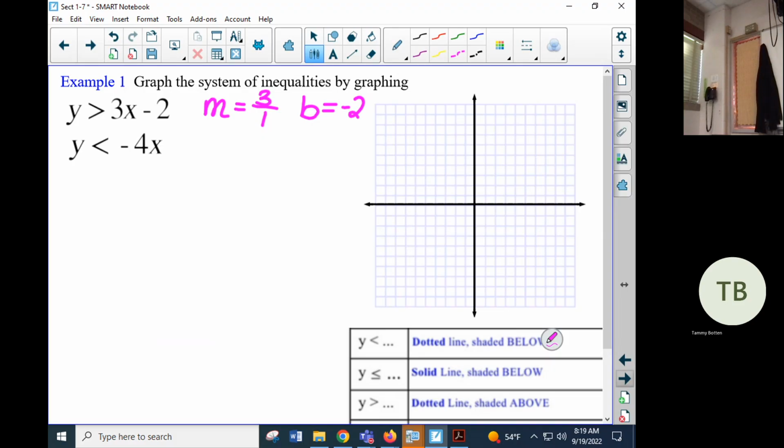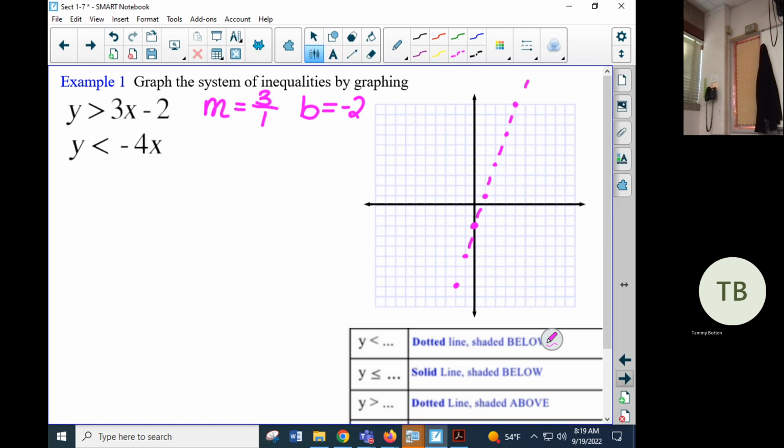So we'd go to -2, and our slope is 3/1. So you go up 3/1, up 3/1, and keep doing that, which is the same as down 3/1, down 3/1. And then you're going to have a dashed line.